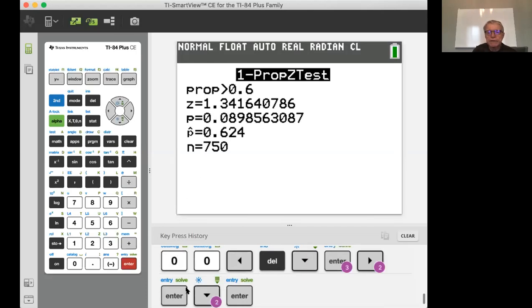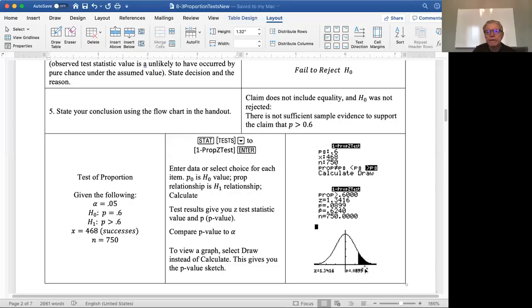So let's stop sharing here. We got 0.0899. Let's see if I have that correct. 0.0899. Okay. So that's how we would use this function. It's stat, right arrow to tests, number 5.